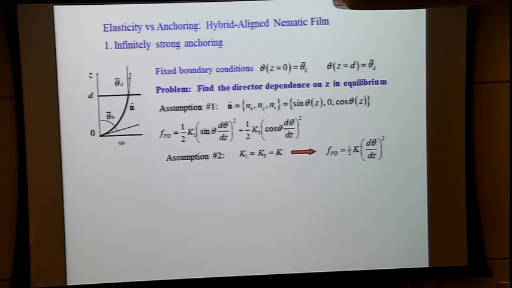To get the free energy, I have to integrate over the volume, but since the problem is two-dimensionally invariant, I'm integrating only over z, and I call this a per unit area quantity. So now you have this integral. How do I find out the functional dependency of theta on z that would minimize this energy?